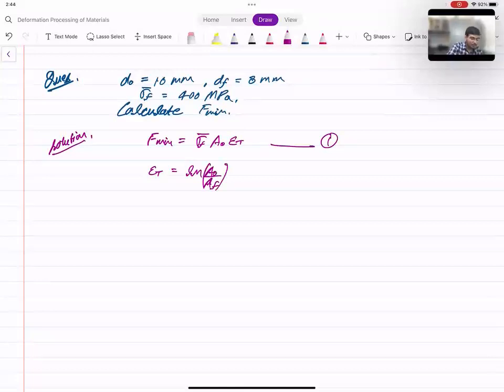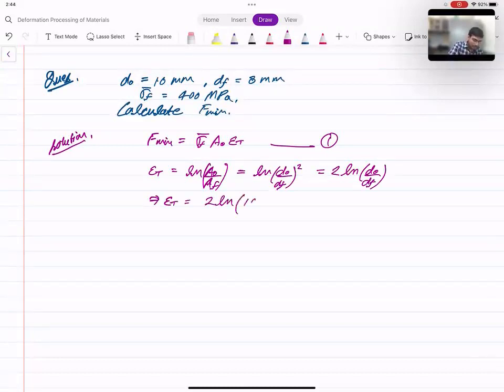We know that this area can be written in terms of diameter, so we get ln of d naught by df, whole square. This will become 2 times ln of d naught by df. So this true strain comes out to be 2 times ln of 10 by 8.